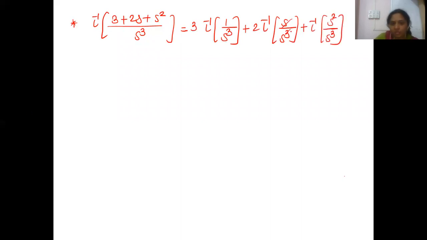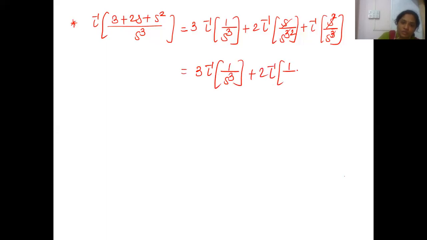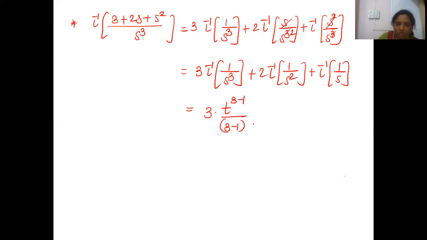Here the square will cancel and only s will remain. That is 3 times Laplace inverse of 1 upon s cube, plus 2 times Laplace inverse of 1 upon s square, plus Laplace inverse of 1 upon s. Laplace inverse of 1 upon s raised to n, where n is a positive integer, has the formula t raised to n minus 1 upon n minus 1 factorial.